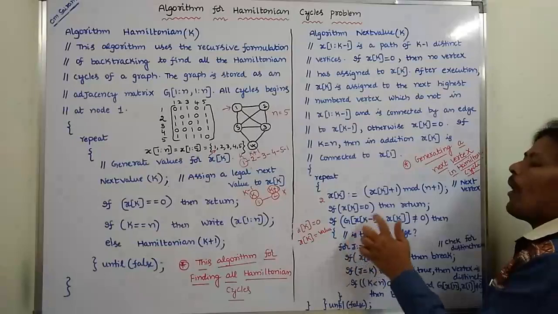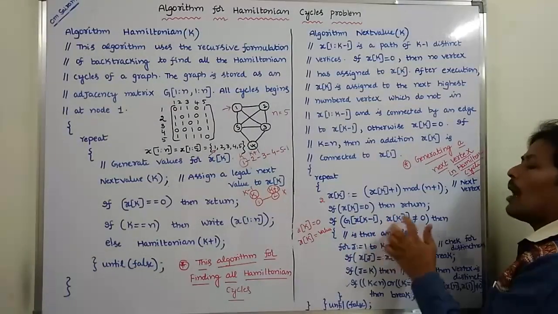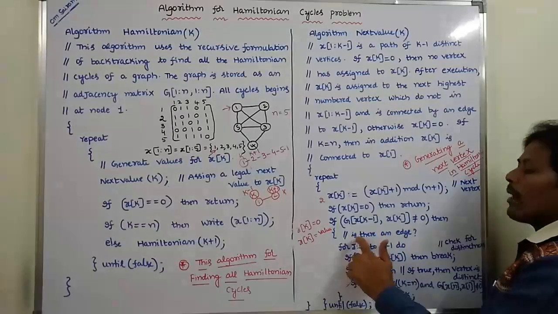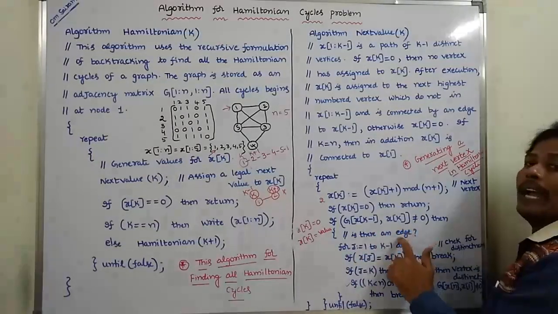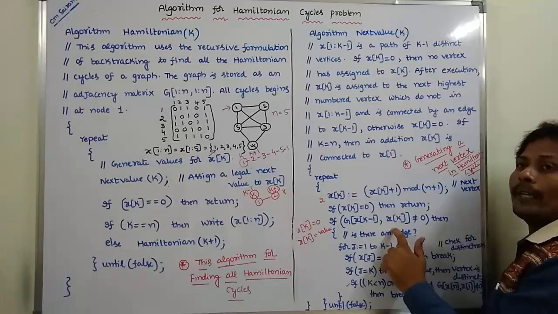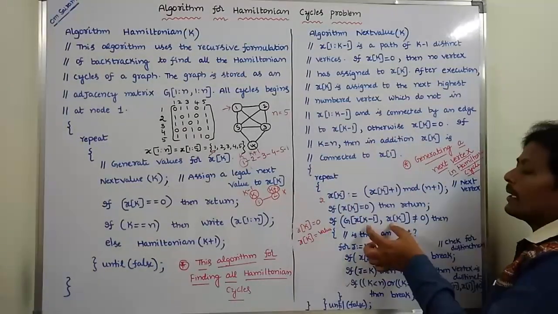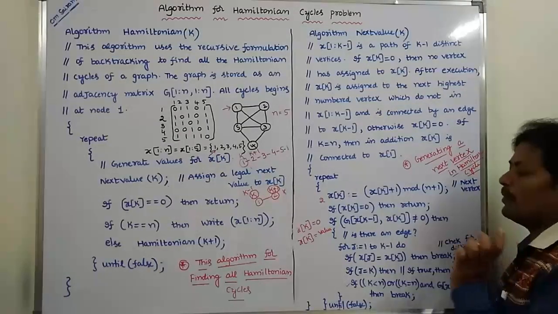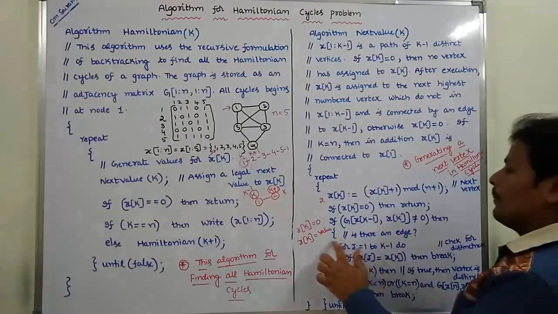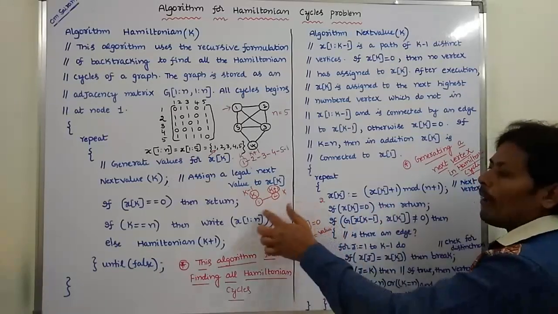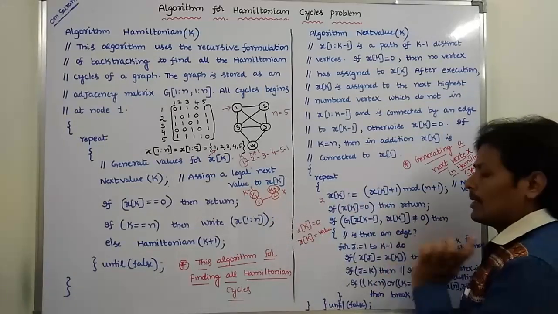So g of x of k minus 1 comma x of k is equal to 1. Here we have to check whether there is an edge between the next value of k and the initial value of k. Both are connected by an edge. So next, begin. If this condition is true, both are connected by an edge.